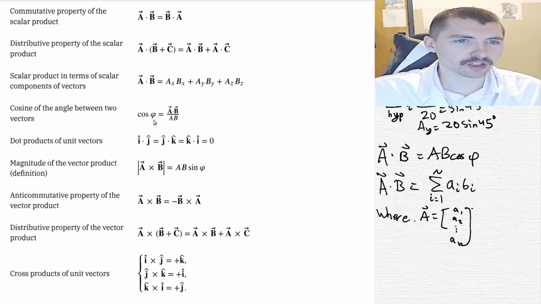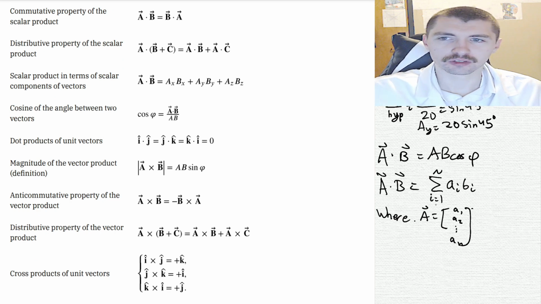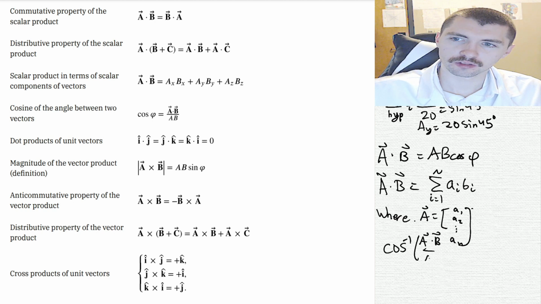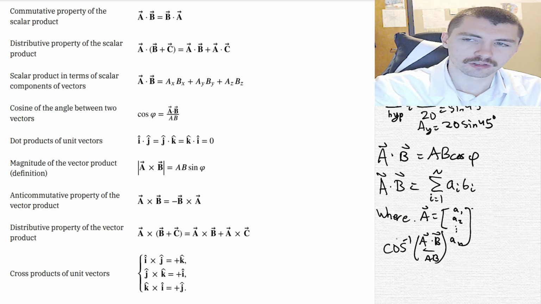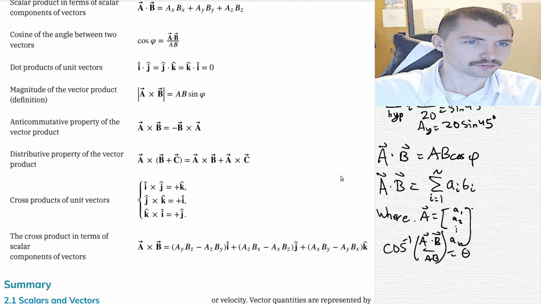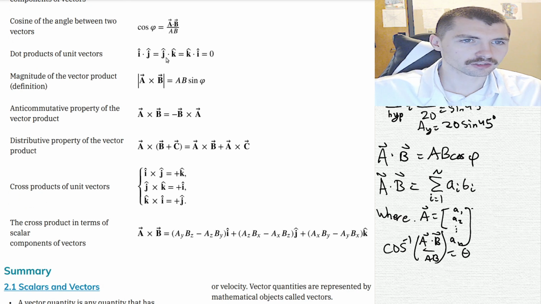So cosine of the angle between two vectors. Again, that's cosine inverse, theta. And i dot j, j dot k, k dot i equals 0.